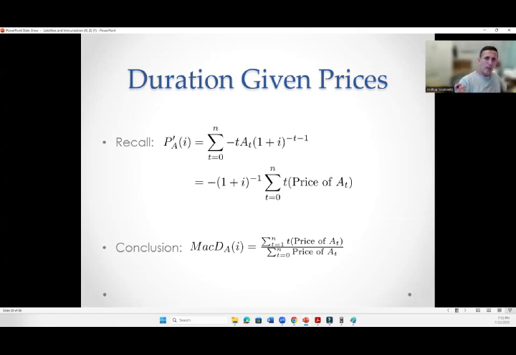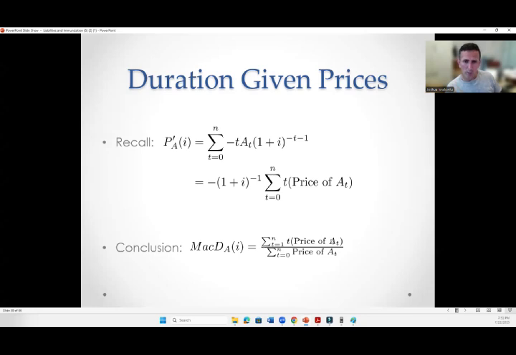So the only t that we have an asset is at 5, 15, and 20. So we're going to divide by the total price, X plus Y plus Z. And then we're going to stick a t. Well, it's going to be 5x because that's when the x occurs at t equals 5. That's my asset at 5. Anything before that is 0. Anything between 5 and 15 is 0. So the next one is 15y, and the last one is 20z. Again, those are the only t's that we actually have an asset at.